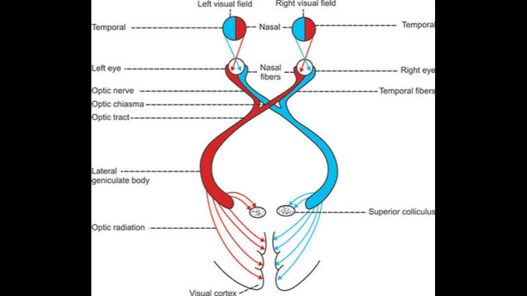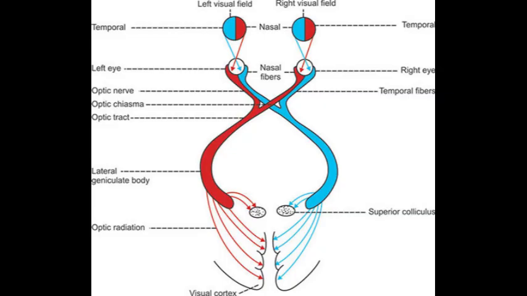At the optic chiasm, the retinal ganglion afferent from the temporal retina, which carries the nasal visual field, continues in the ipsilateral optic nerve and passes on to the ipsilateral optic tract. Whereas the retinal ganglion afferent from the nasal retina, carrying the temporal field, decussates in the optic chiasm and continues to the contralateral optic tract.